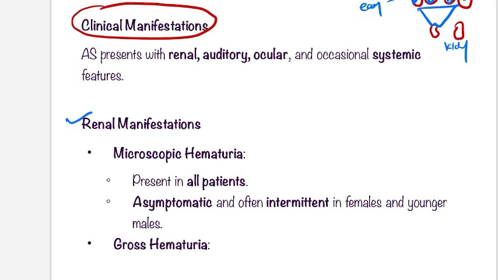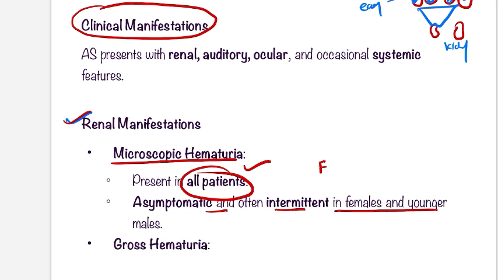In renal manifestation, microscopic hematuria is seen in all patients. So the most common renal abnormality in these patients is microscopic hematuria. It is asymptomatic, intermittent, and often seen in females, so it is more common in females than males.